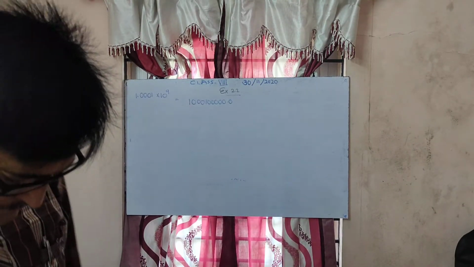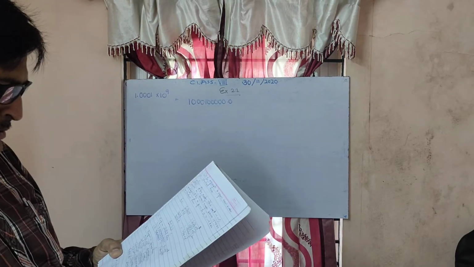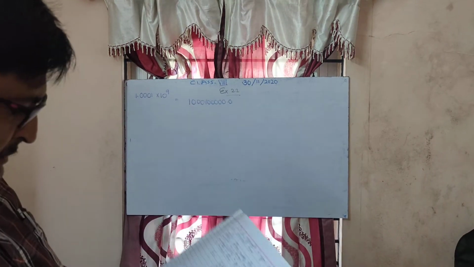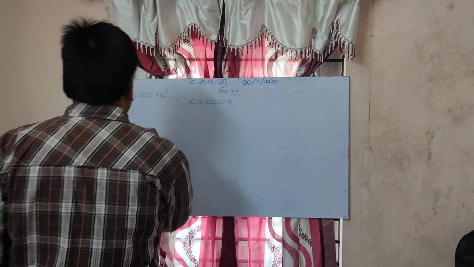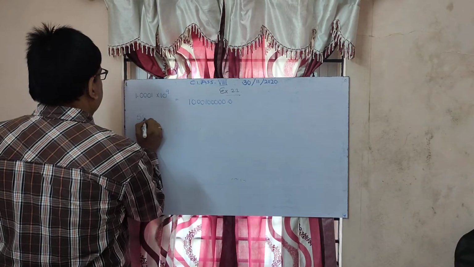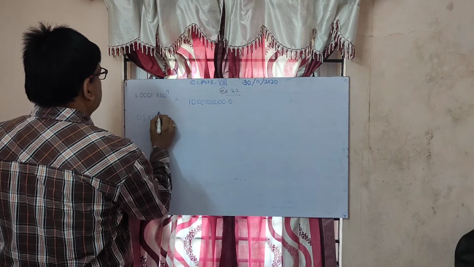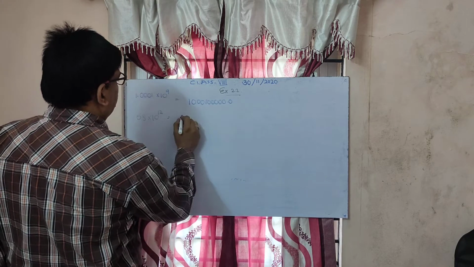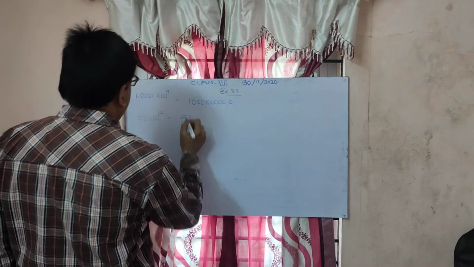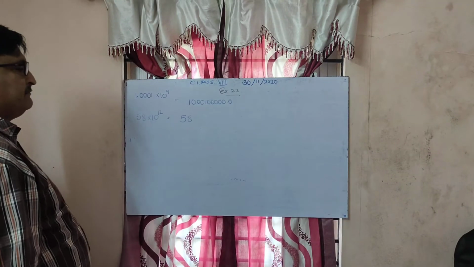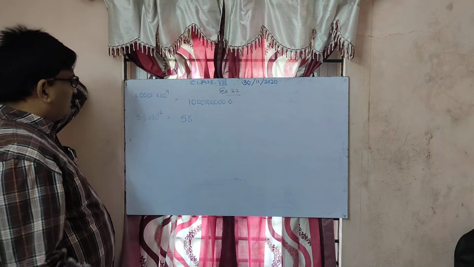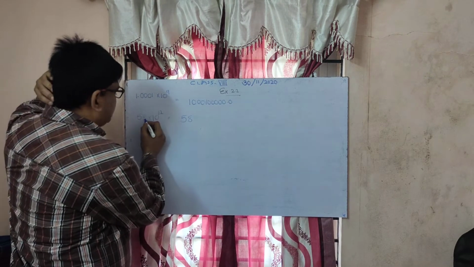Next number, 5.8 into 10 to the power 12. First write 58. Forget about the point. Now, how many places? 12.